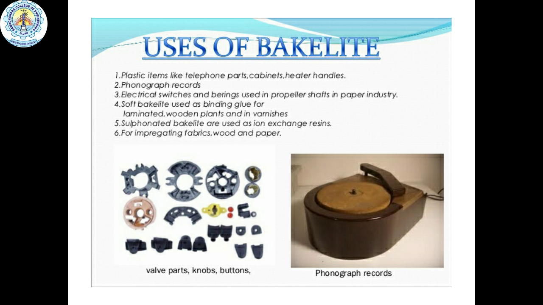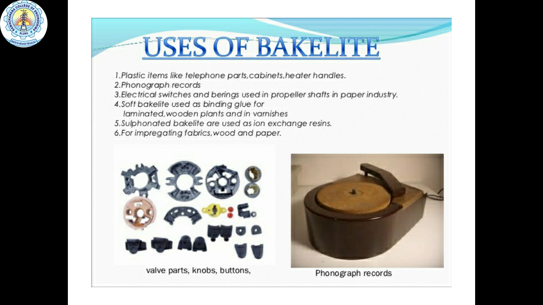Coming to the uses of bakelite. Plastic items can be prepared by using bakelite, for example, telephone parts, cabinets, heater handles, etc. Phonograph records are also made using bakelite. Bakelite is used for the preparation of electrical switches and rings used in the propeller shafts in paper industries.